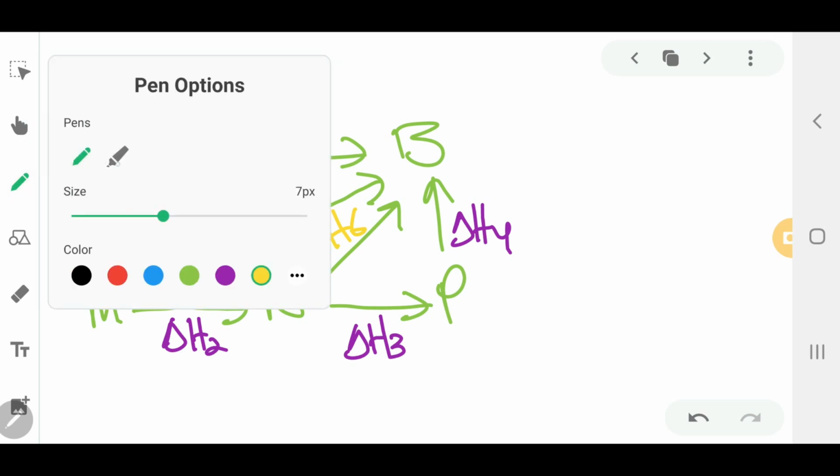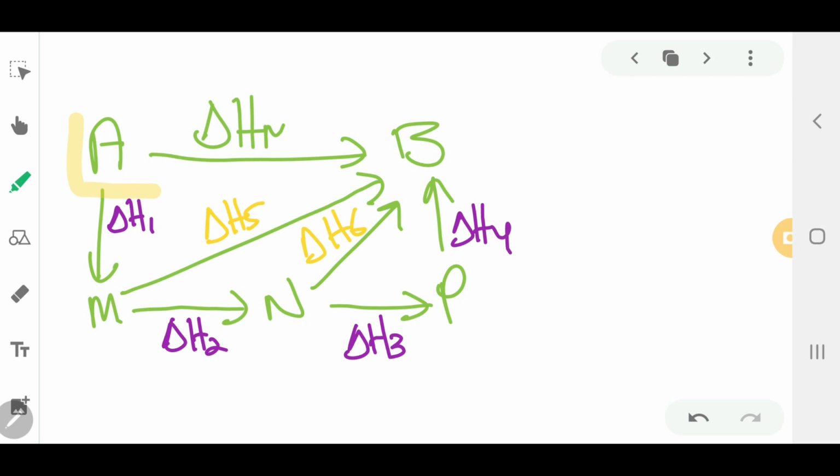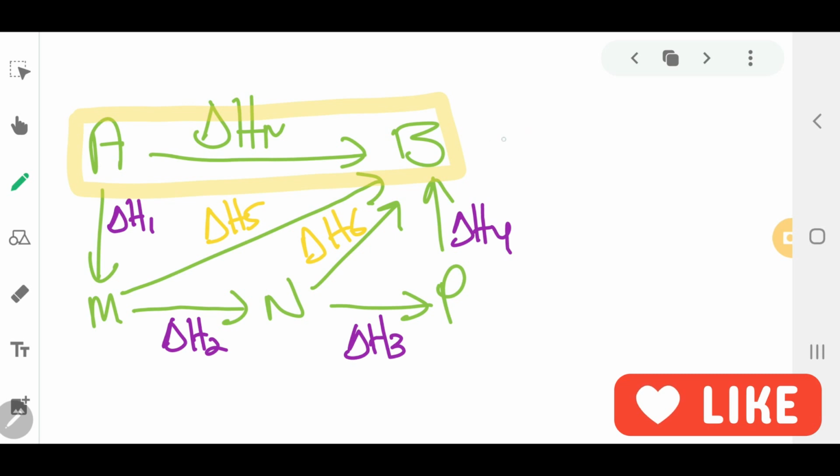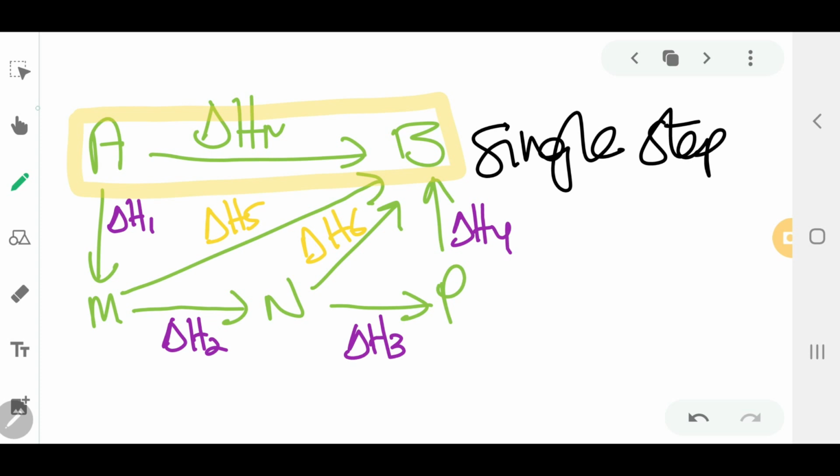The one that you are looking at right there is the single step. The value of delta HR will be the same if you take the route over here, the one in purple. If you add up delta H1, delta H2, delta H3, delta H4, the value will be the same as delta HR. Same goes if you take this route over here.